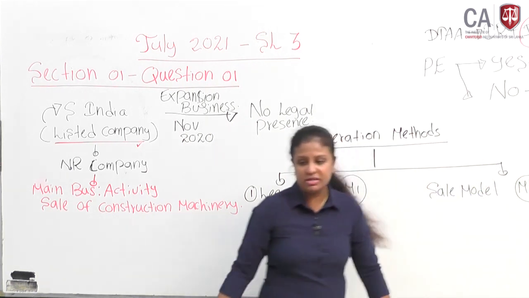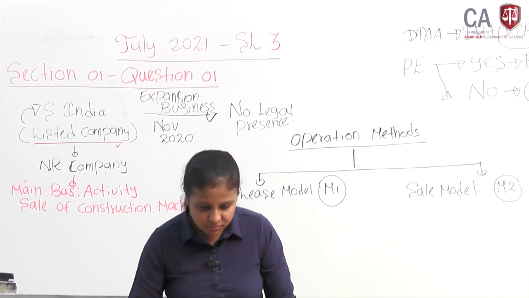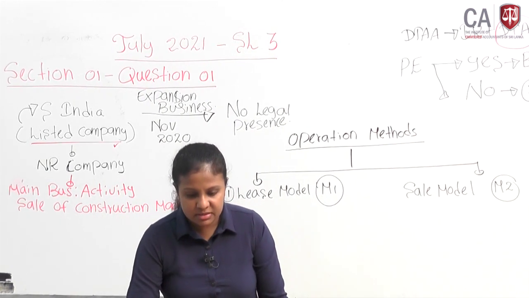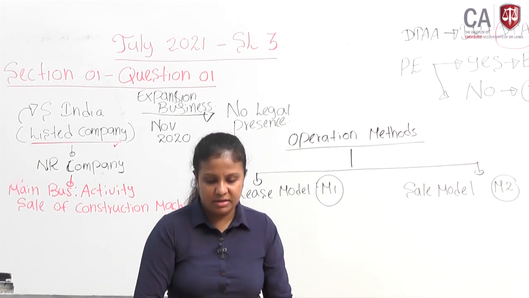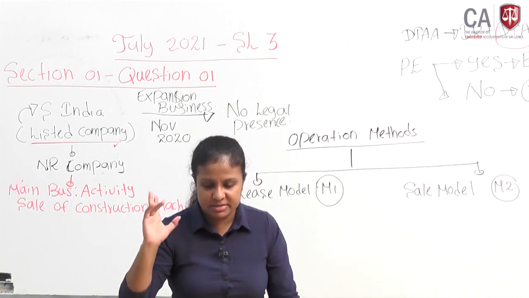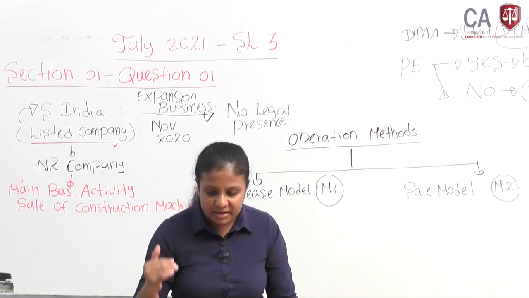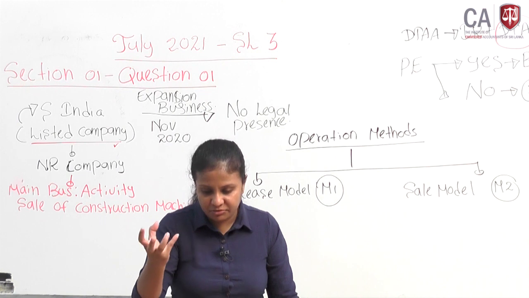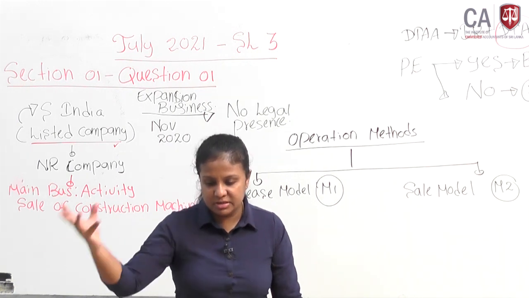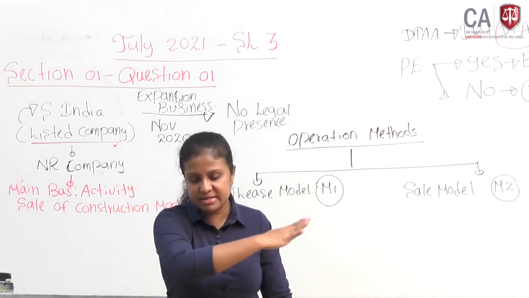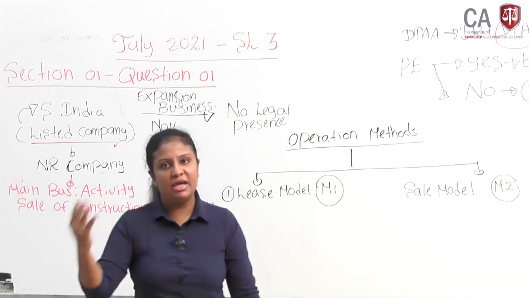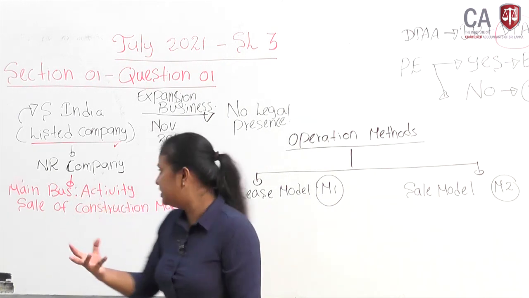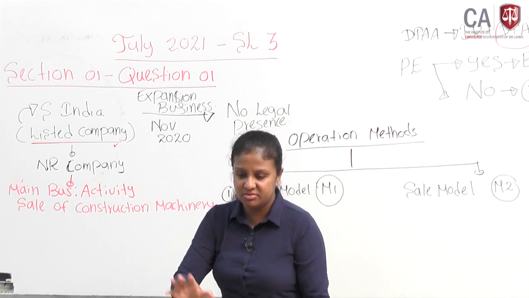Now we will come to these facts. In the lease model, there is Seiki Japan, the machinery is imported into Seiki India, and India leases the machinery to customers at a profit. This is the way the sale of construction machinery is going.